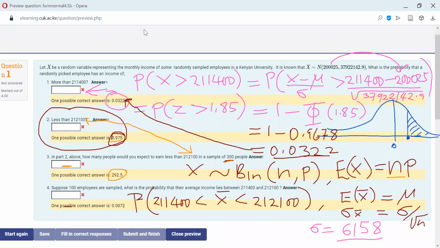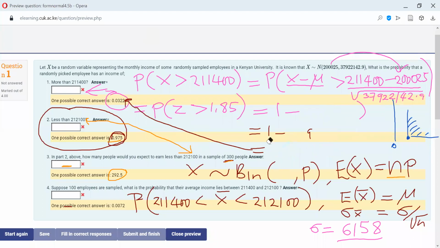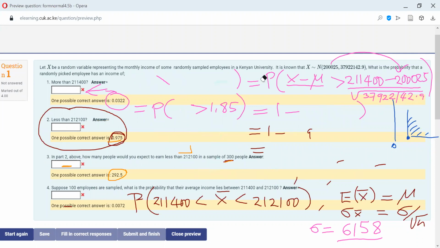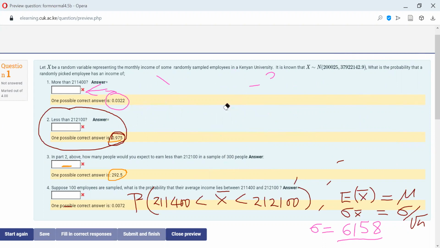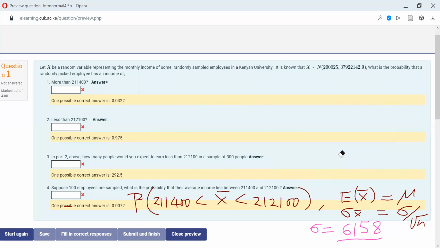Because that has failed me, allow me to erase this part. I just leave that so that we do everything else here. So we have erased that. So we now try to do this thing up here.